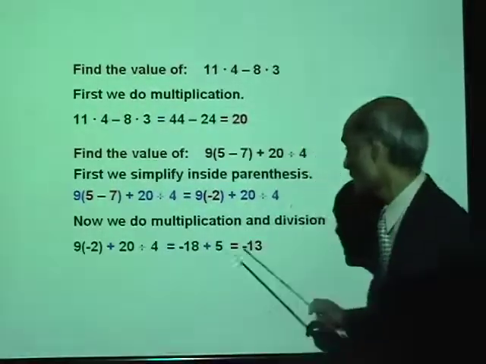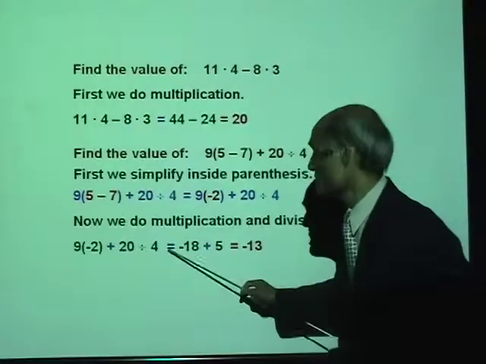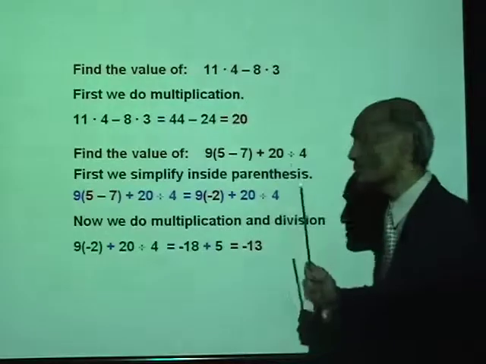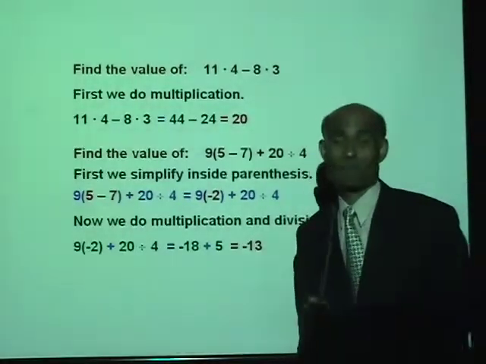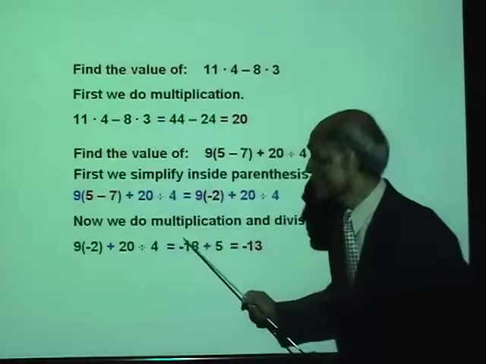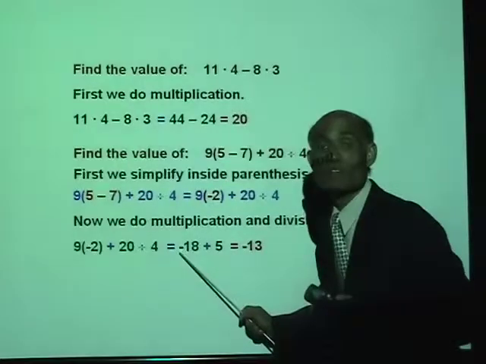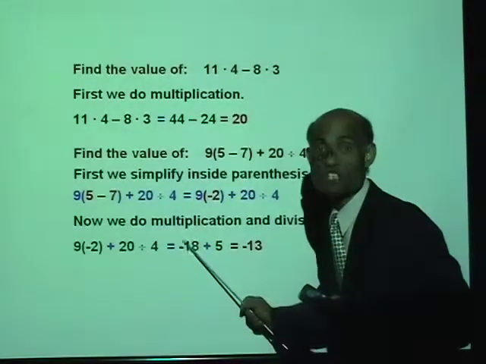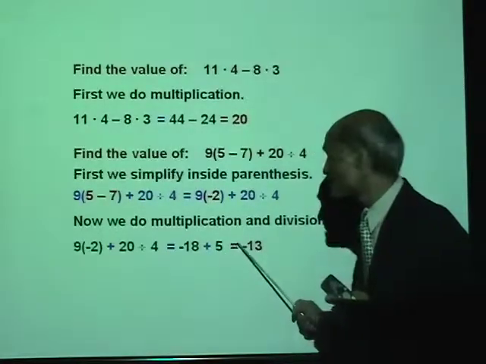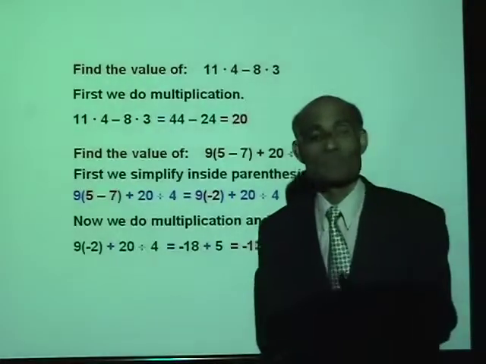That would be 13. So the answer will be negative 13. Negative 18 added to 5 is negative 13. In other words, if you want to give some meaning to it, if you are in debt by $18, you pay up $5, you are still in debt by $13.